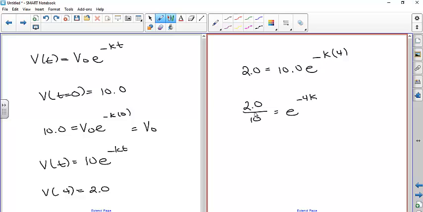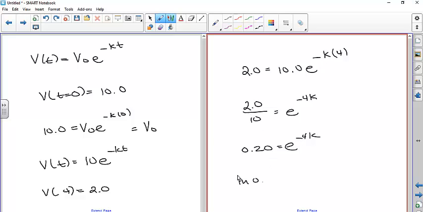A lot of people thought you had to use the half-life, but half-life only counts if it's radioactive decay, as well as it has to say half-life. So don't just assume that it's a half-life problem. A lot of the typical exponential decays are half-life. Okay, so 2 divided by 10 is 0.2.